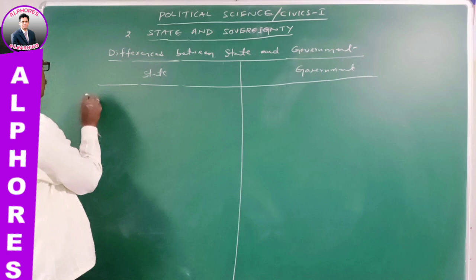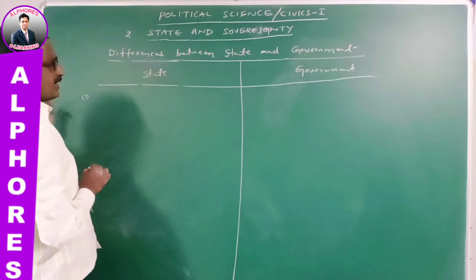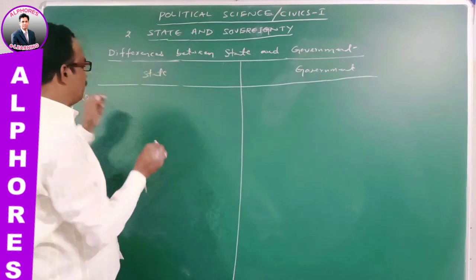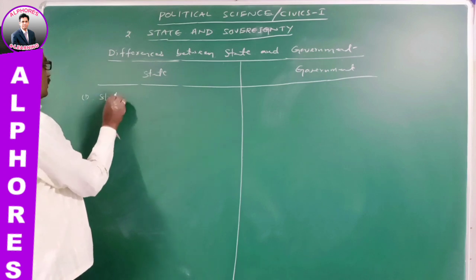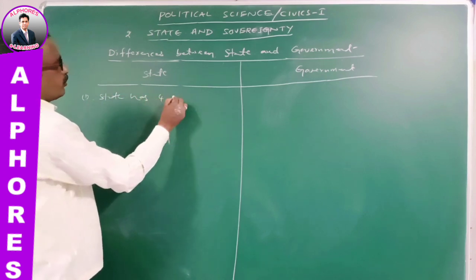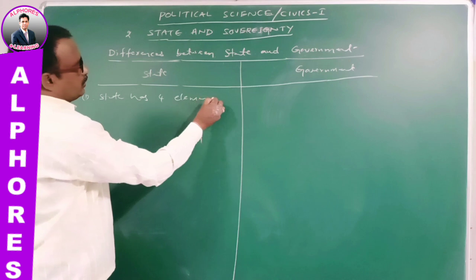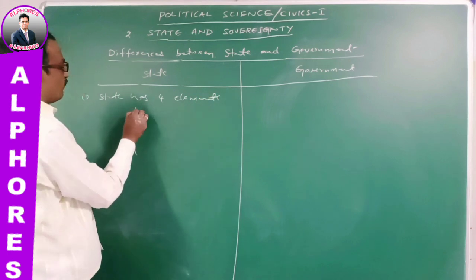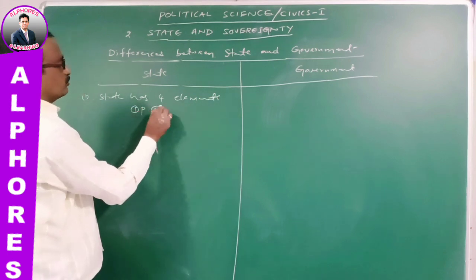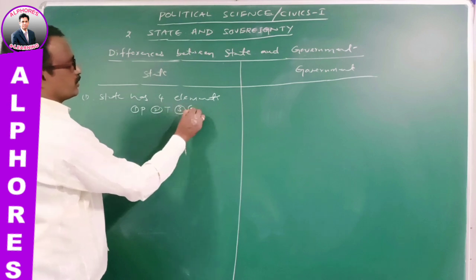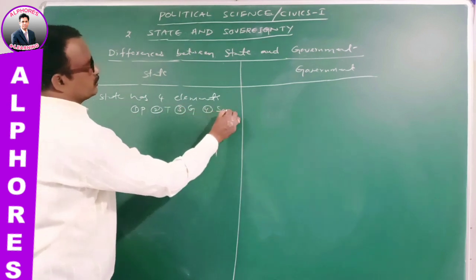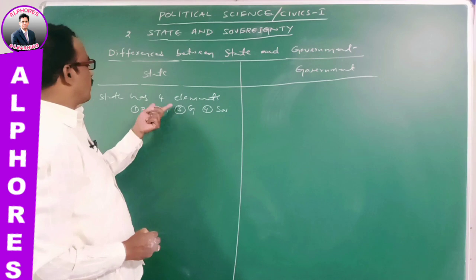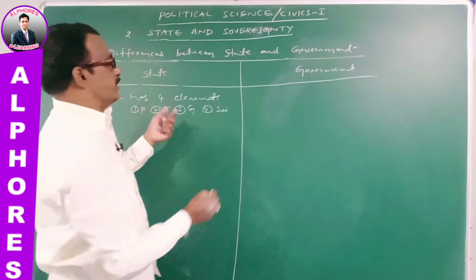So first of all, every state has how many elements? Four elements. They are: one is population, two territory, three government, four sovereignty. These are the four essential elements of a state.